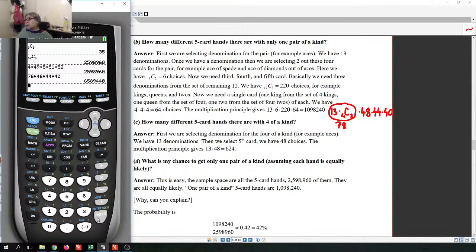And then you immediately notice something is wrong, because the total number of 5-card hands is 2,598,960, and all of a sudden you have 6 million possibilities with a pair of a kind. So something is wrong here. Okay, what is wrong here is the story here.